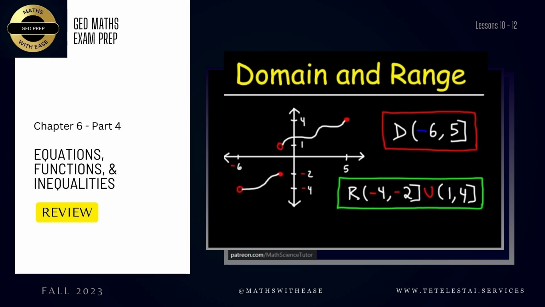So once again, the lowest value in the range of this graph is -4, but not inclusive of -4. And that's being communicated to us in two different ways here. We see an open circle illustrated on the graph, and then in the set notation form, in the green rectangle, we see an open parentheses next to -4.